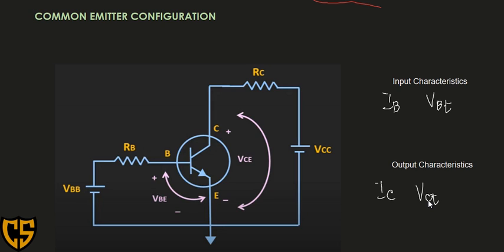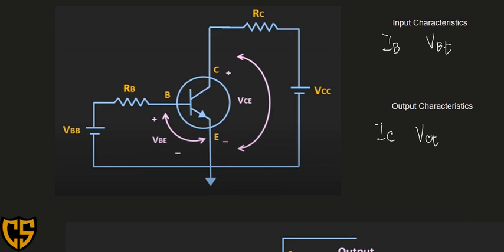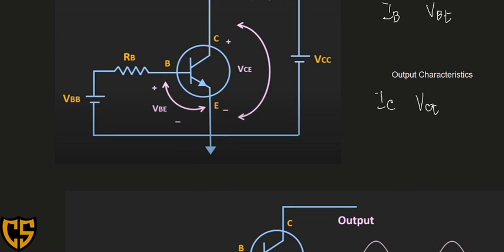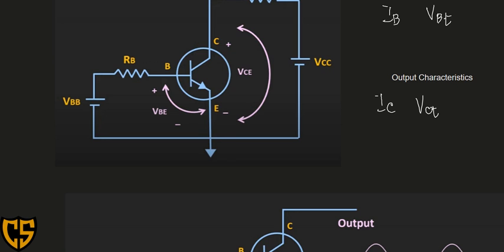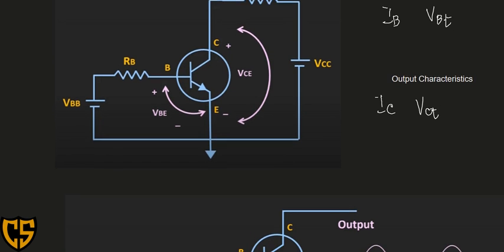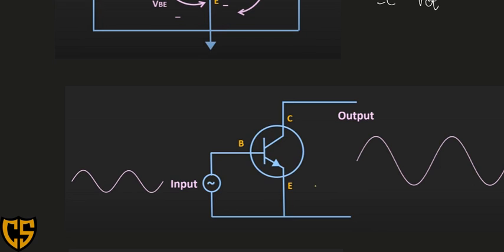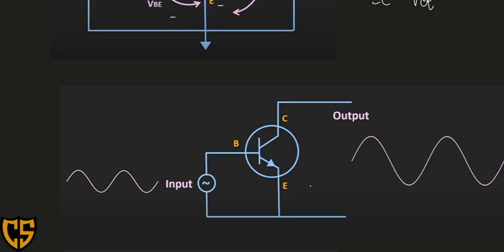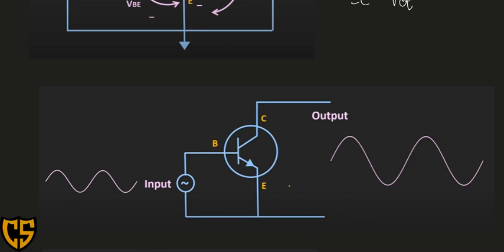So we are going to inspect now our amplification. We can understand it better if we look at the output characteristic of our transistor. Here we have a representation of the amplification as it passes through our transistor. As we see it pass through our transistor, we have amplified our signal.